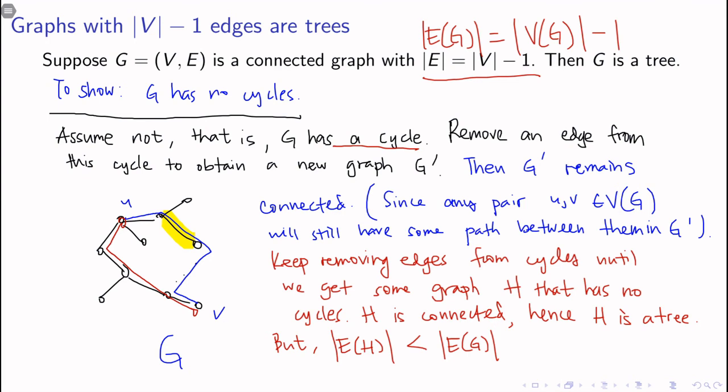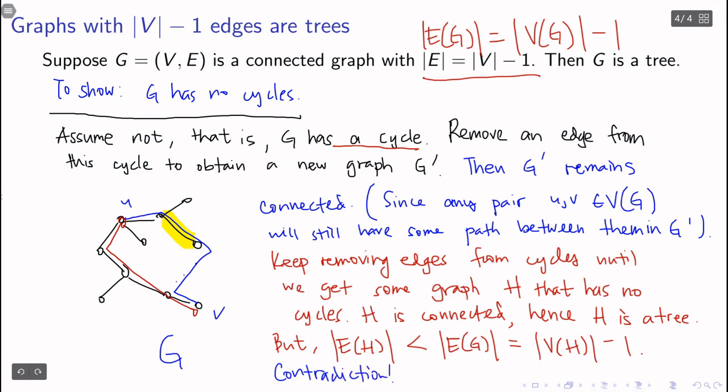Well, H and G have the same vertex set, right? Nothing changed with the vertices, we were just removing edges. So this is equal to V_G minus 1, which is the same thing as V_H minus 1. And this is our contradiction. What does it contradict?